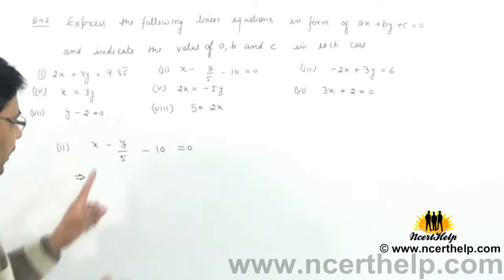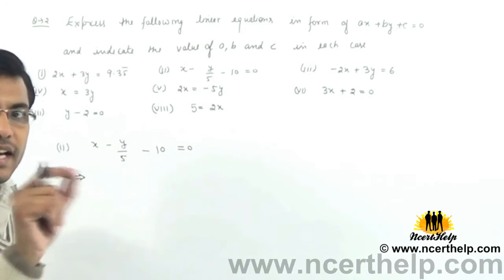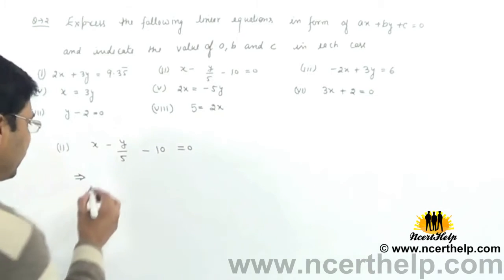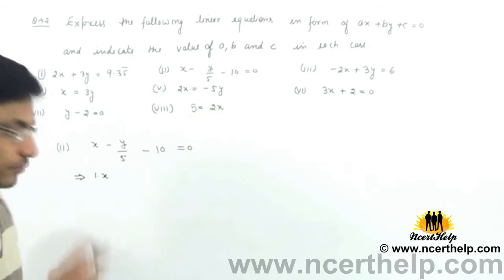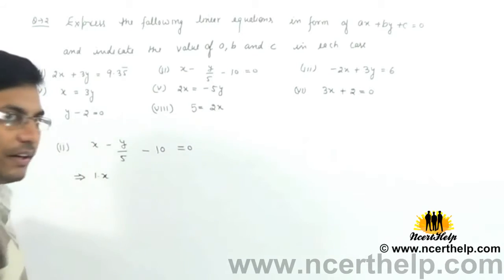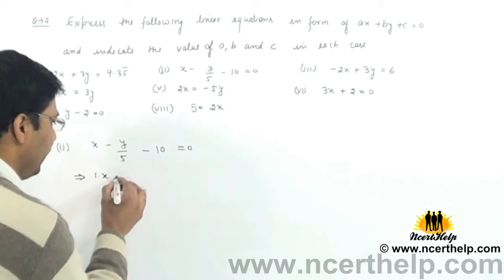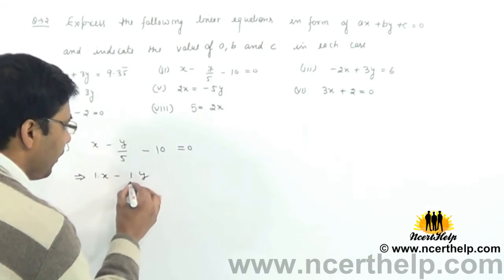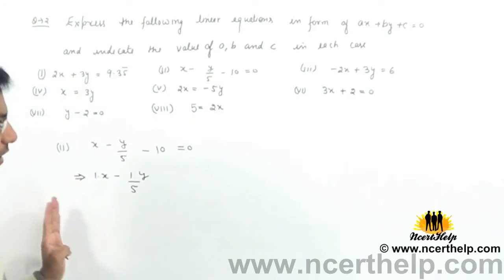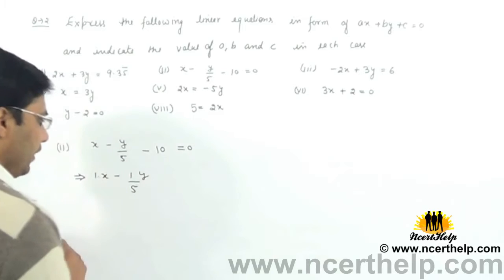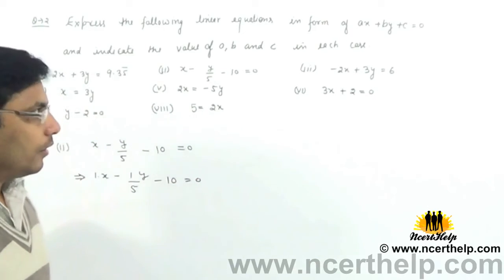Here there is no value before x, so we can write x as 1 into x. Basically 1 is always hidden before x. Similarly for y, we can write y as 1y because it is 1y upon 5, and it is minus 10 equals 0.